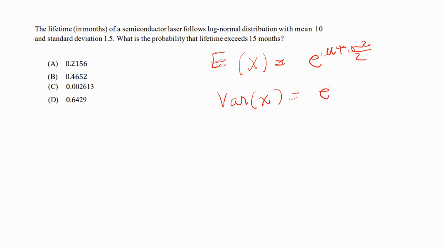So log normal distribution has mean given by expectation of x, where x is following the log normal distribution, is e to the power mu plus sigma square by 2, and its variance of x is given by e to the power sigma square minus 1 times e to the power 2 mu plus sigma square.